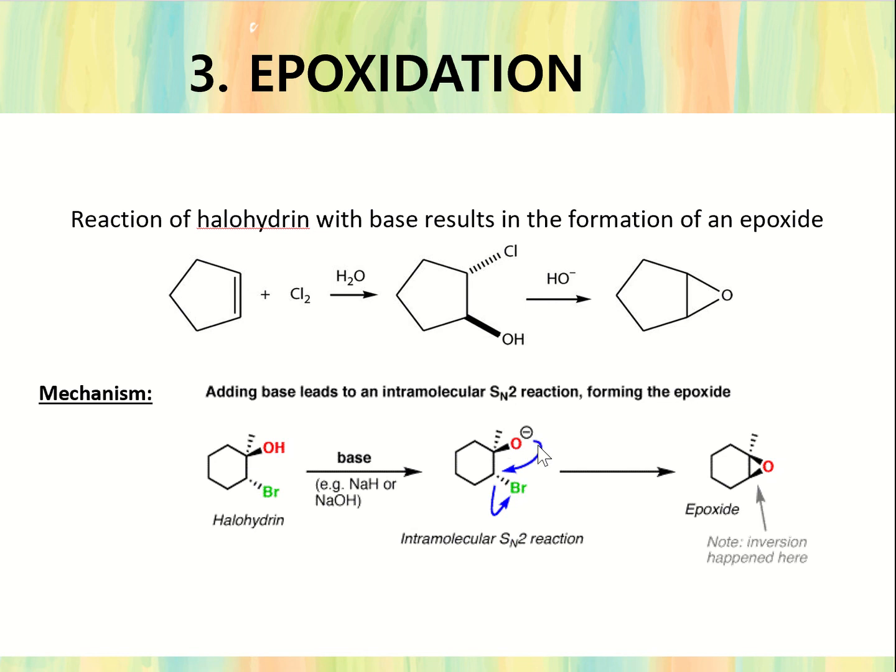Once the base pulls a proton, the oxide can be nucleophilic, attacking our electrophilic center here, and then causing our carbon-bromine bond to break to form our epoxide. And note the inversion which happened at this carbon.